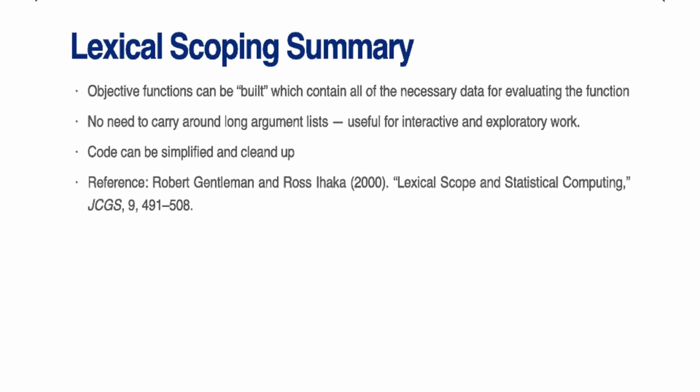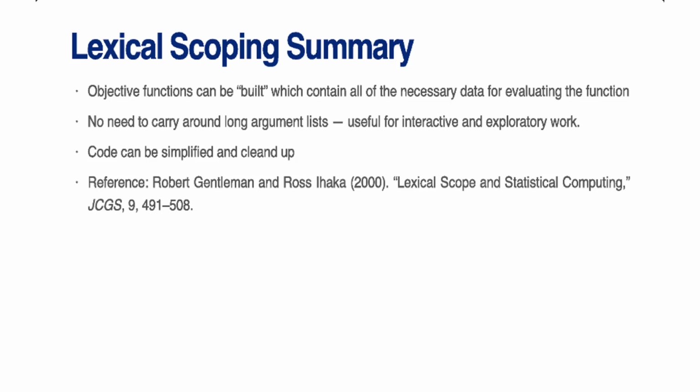So the nice thing about lexical scoping in R is that if you are doing minimization or optimization of some sort, you can build these objective functions which contain all the necessary data and all the other kind of bells and whistles that are required to evaluate that function into the enclosing environment of the function. So that when you call the objective function, you don't need to specify the data and all those other things every single time.